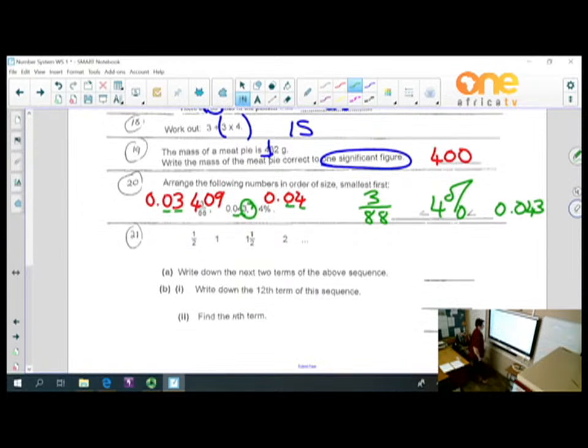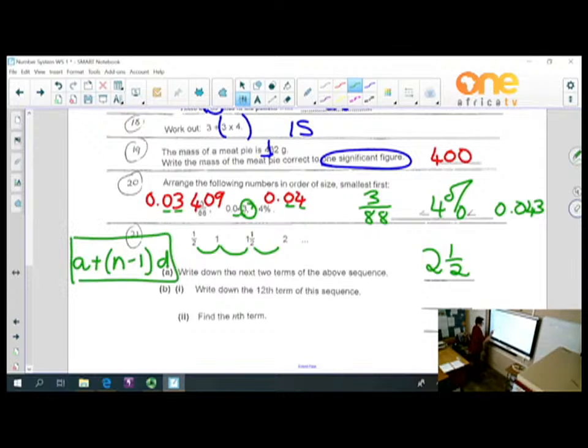Write the next two terms of the sequence. Again, you must find the pattern now. What is the common difference? What do I keep on adding? A half, isn't it? So it is 2 and a half. And then write down the 12th term of this sequence. So I will just keep on adding, or I can make use of my formula, A plus N minus 1 D. Remember this formula that we looked at now?